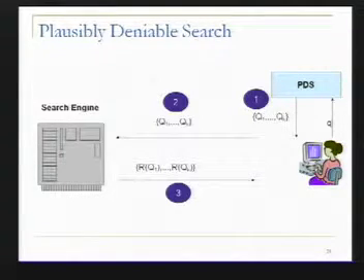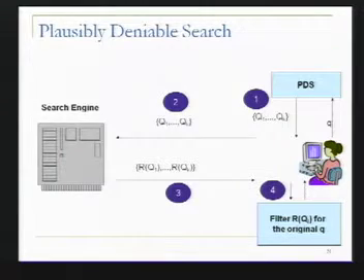So the search engine has the ability to send the advertisements related to each of the k queries. And the user, based on q, the small q, has the ability to filter out the results relevant to the original query q.